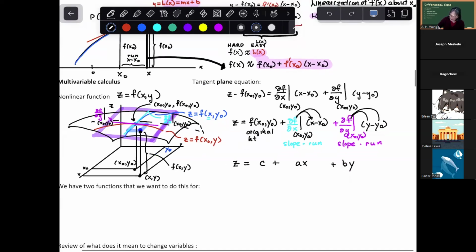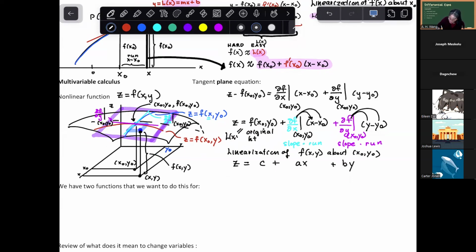Let me just write this. So this is the linearization of f of xy about x naught, y naught. You could relabel this, of course, as L of xy, for linearization. So then you're going to have the original, approximated by the easy.